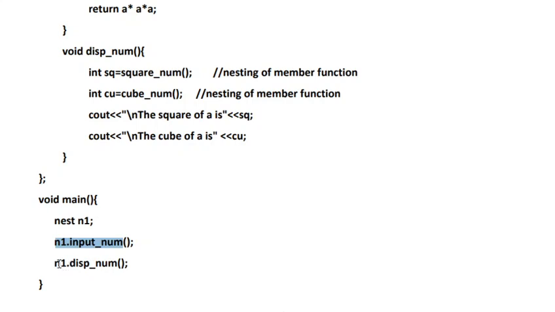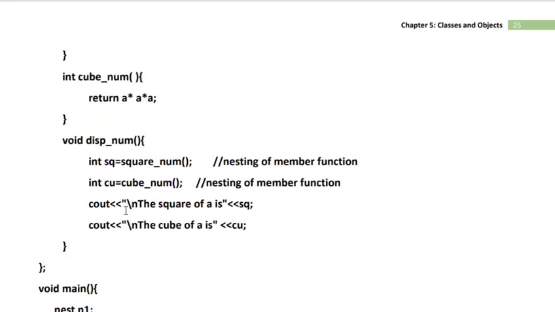We are requesting the n1 object to perform display num. Whenever display num is executed, square num, which is a part of the class, will be invoked. Likewise, cube num will be invoked, and the result will be displayed.